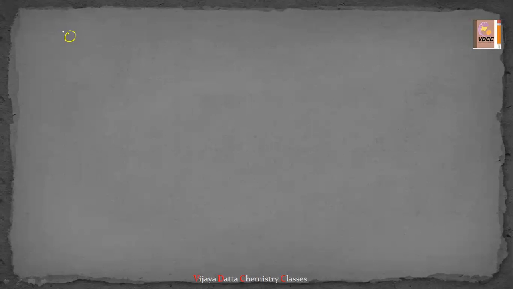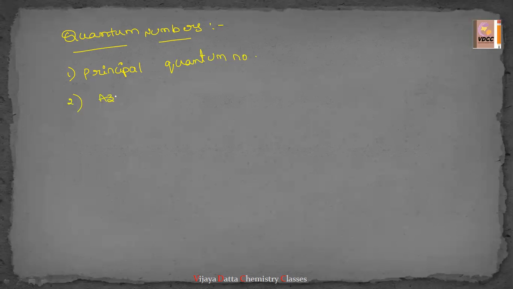See, quantum numbers. How many quantum numbers we have? First of all, let us see. In total we have four quantum numbers. First one is the principal quantum number. Second one is the azimuthal quantum number.